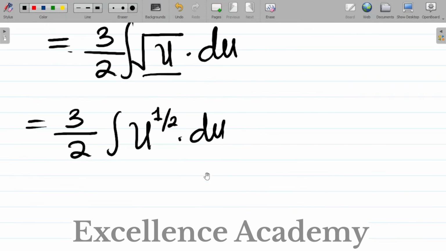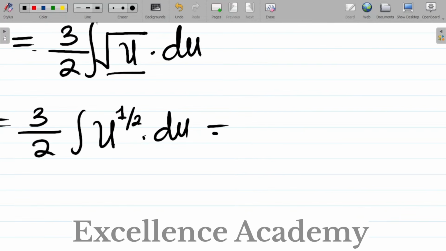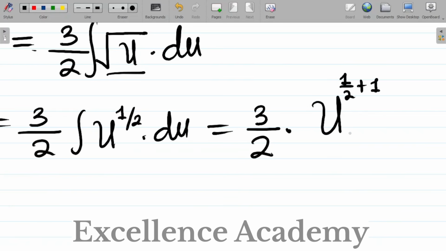How do you integrate? The concept is simple. To integrate this, just take u to the power 1 over 2, you add 1 to the power, and divide by what you have here, which is simply 1 over 2 plus 1.